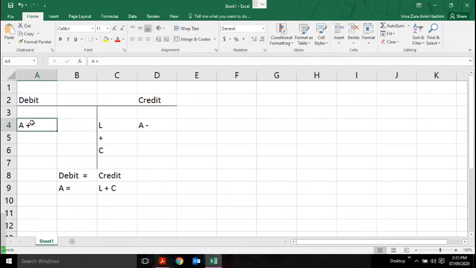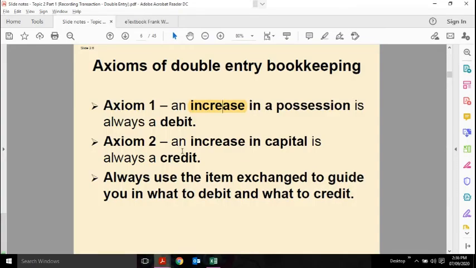So when your asset or your possession increases, you will record it under debit. If your possession decreases, then vice versa, you record it under the credit side. Now the second axiom is, so vice versa, increase debit, decrease credit. An increase in capital is always credit.